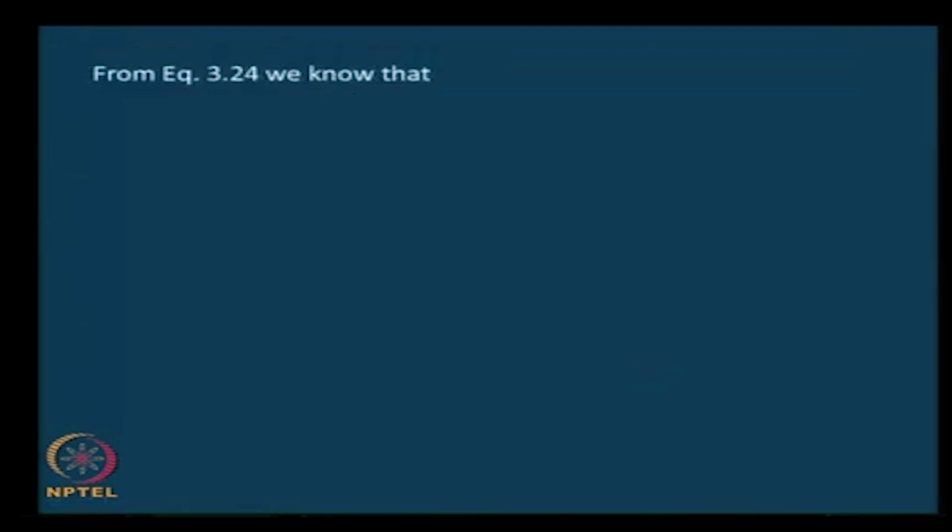From an earlier equation 324, we know that Vr, the residual property of V, the molar volume, is the actual volume minus the ideal gas volume, which we said was equal to V minus RT by P, because ideal gas molar volume is RT by P, and which when expressed in terms of the compressibility factor becomes RT by P times (Z minus 1).